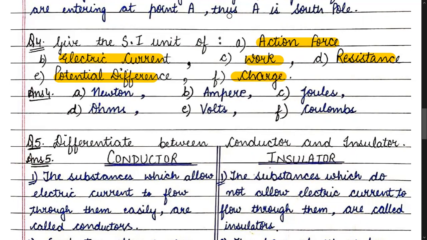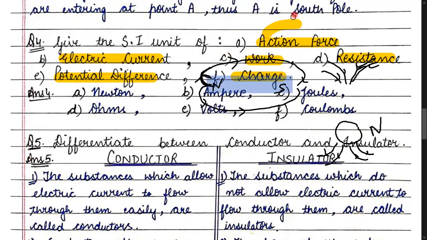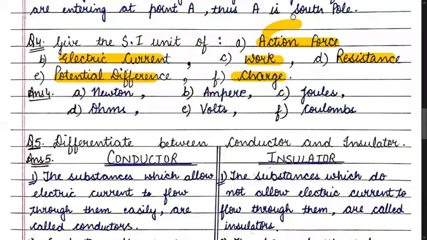Now children, whether it is an action force or reaction force, it is just a kind of force only. So whatever kind of force we have, we will write the units in terms of force only. So the SI unit of force is Newton. Thus, the SI unit of action force is also Newton. Even reaction will have the SI unit as Newton.